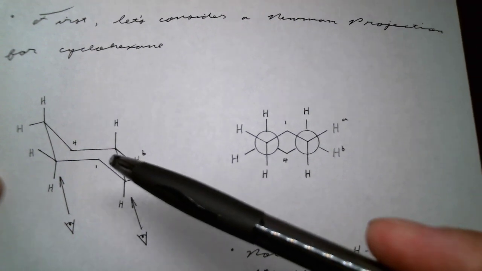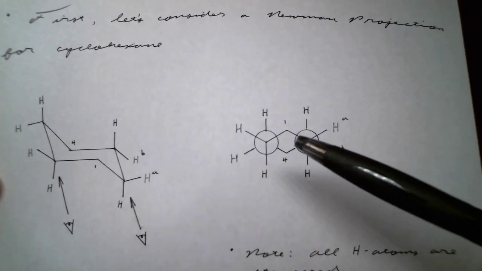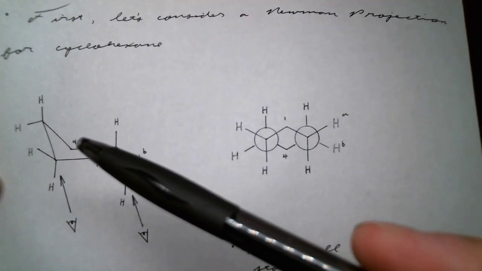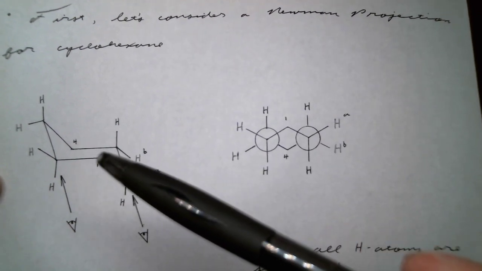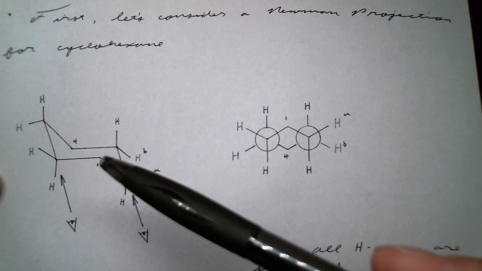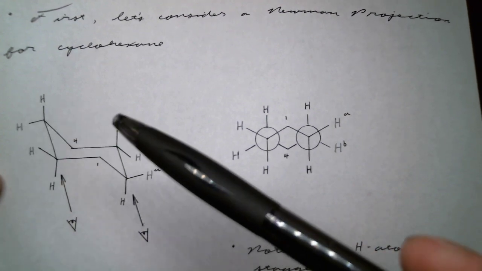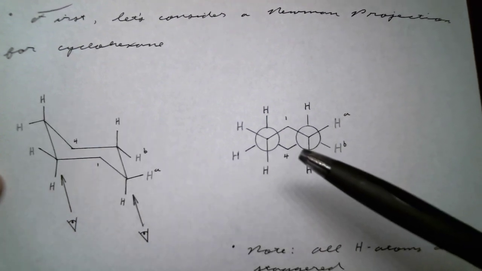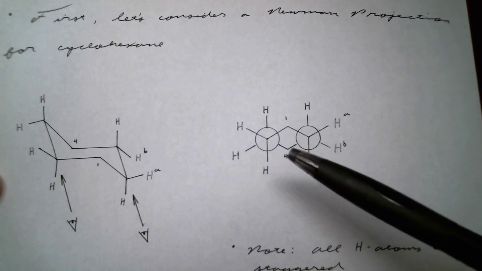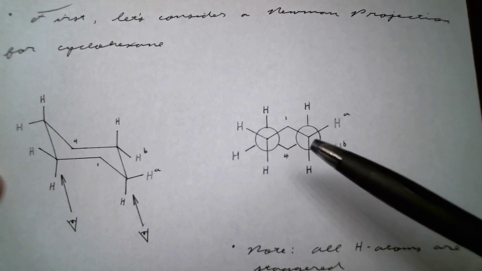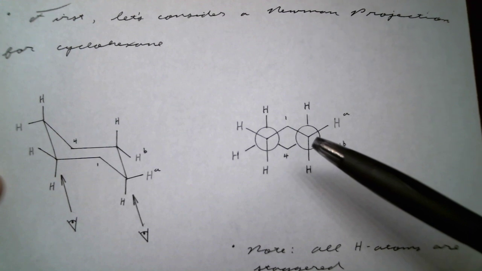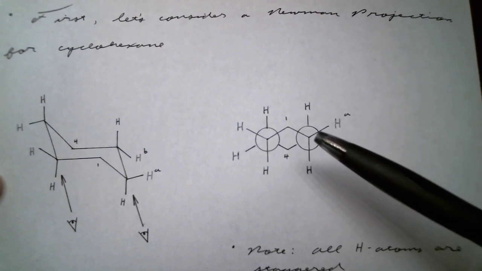How about carbon 1? The carbon labeled 1 appears to go up and to the left. And even though the carbon labeled 4 appears to be above carbon 1 in the chair cyclohexane diagram, in the Newman projection it appears to be coming down and to the left, on the carbon that's bonded behind the front carbon that the right eye sees.